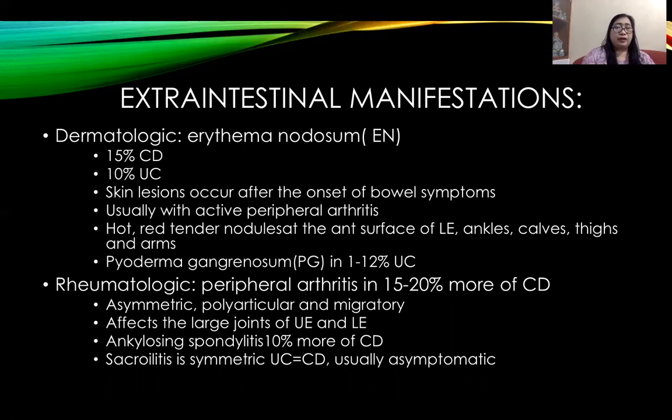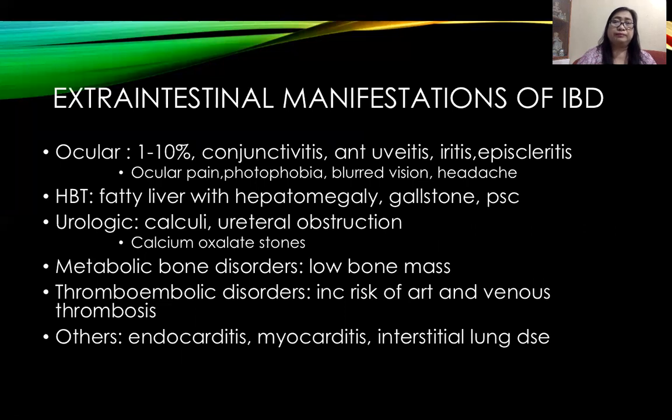It affects the large joints of the upper and lower extremities. You may develop ankylosing spondylitis in 10% of patients with Crohn's disease. Sacroiliitis is symmetrical in ulcerative colitis, same as with Crohn's disease, but usually they are asymptomatic.